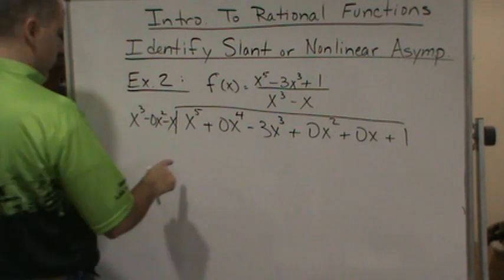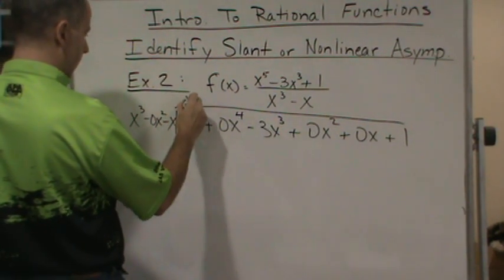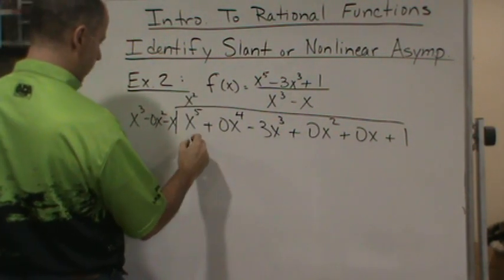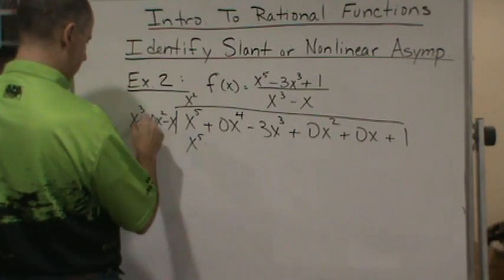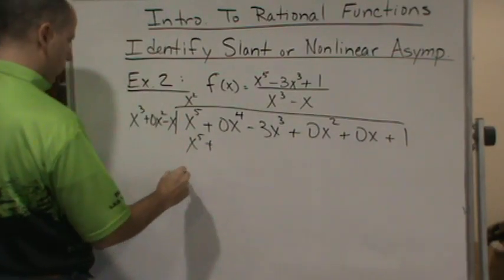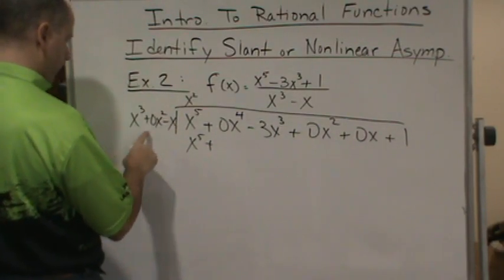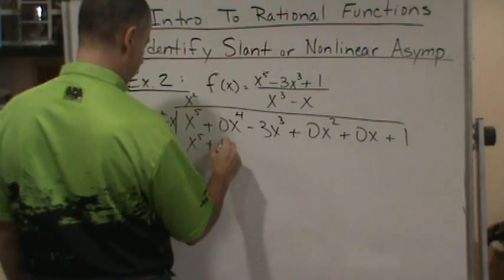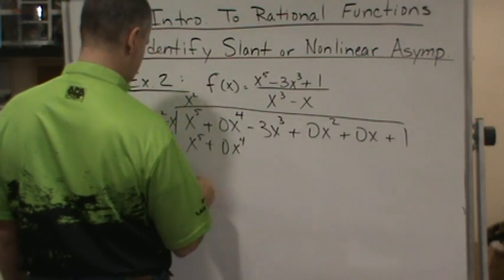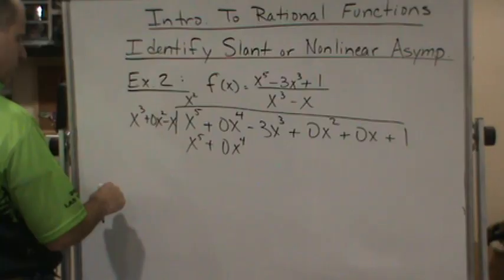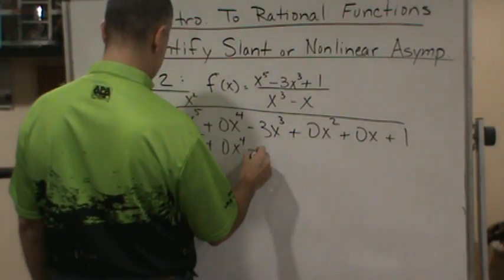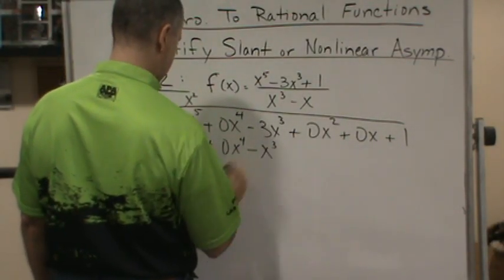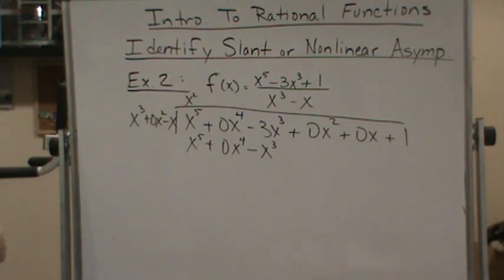All right, here we go. So this is going to be x squared, and that'll give us x to the 5th plus 0x to the 4th minus x to the 3rd, right?